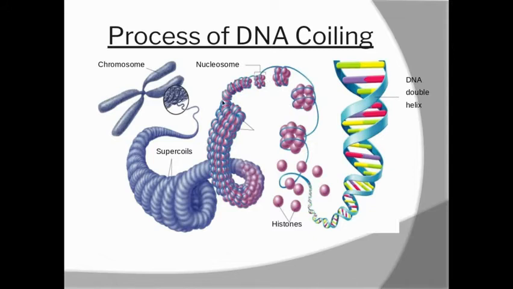And those nucleosomes will get coiled up, and those coils themselves will also be coiled, and those form supercoils. Now, the supercoils are folded up and packed together to make those chromosomes. The very ends of these chromosomes would be where the telomeres are.